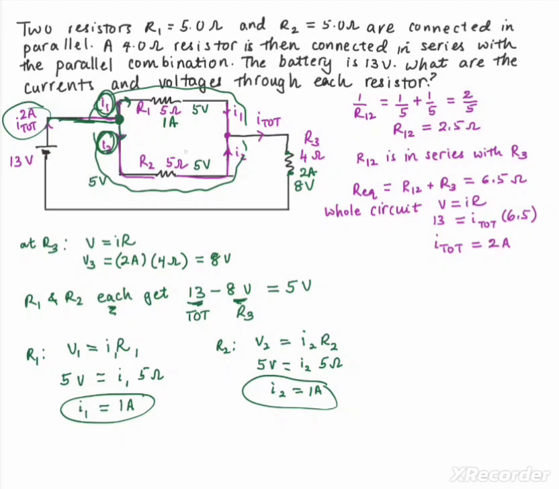If the R values are not the same, they won't be 1 and 1. I want you to do this problem again with different numbers and put different values for R1 and R2. Let's say put 3 ohms and 4 ohms, something like that, and then do this problem, and you will see that I1 and I2 are not the same value.